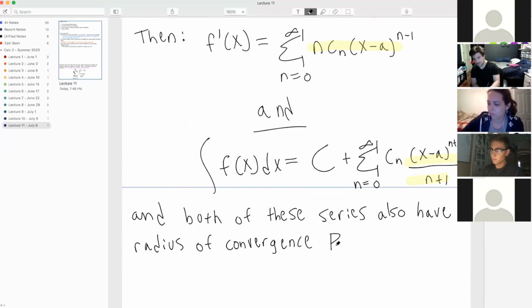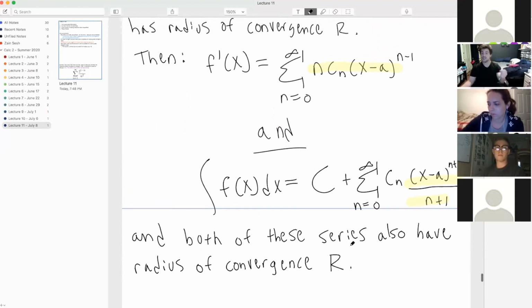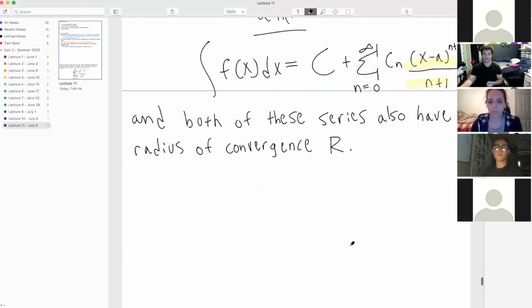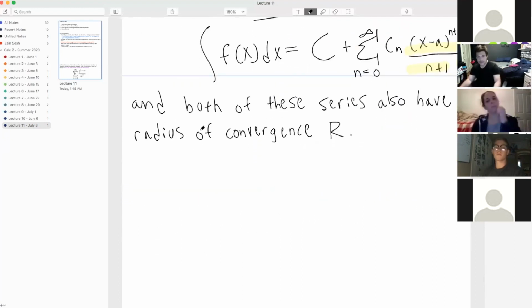They share the same radius of convergence that the initial series does, okay? All right, so let me just quickly say in English what this theorem is telling us.